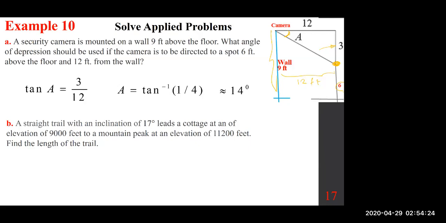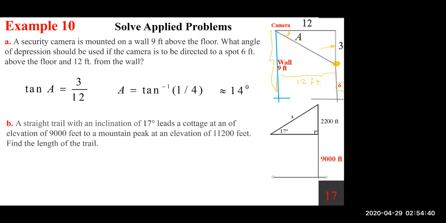You're going to find the length of the trail. So it's all about setting up. If you can come up with the diagram, practically you're done. So notice, this is how it looks.